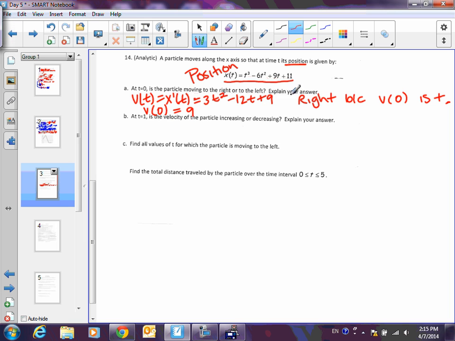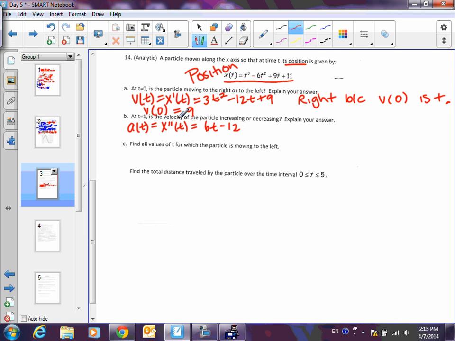Okay, so there's a point, or maybe there's 2. I don't remember on this one. So B says that at t equals 1, is the velocity of the particle increasing or decreasing? Now it's talking about acceleration. So I need to go ahead and find acceleration. A of t, which is going to be the second derivative, is 6t minus 12.